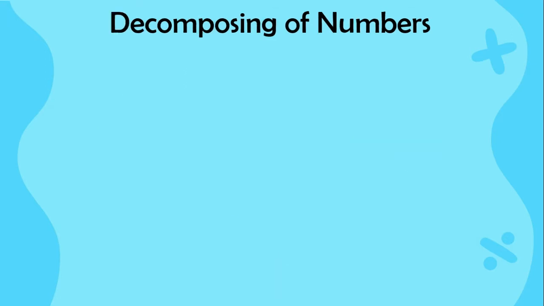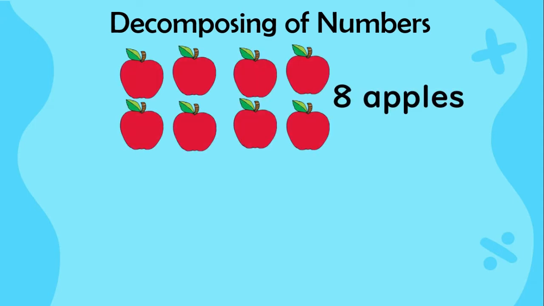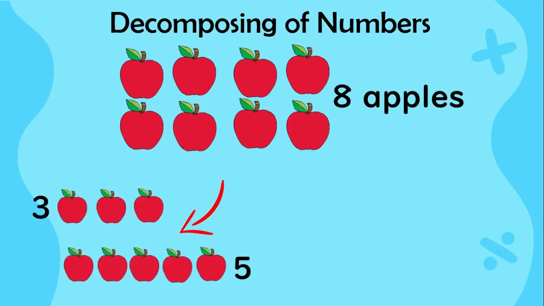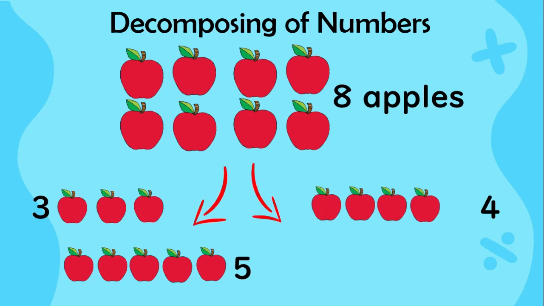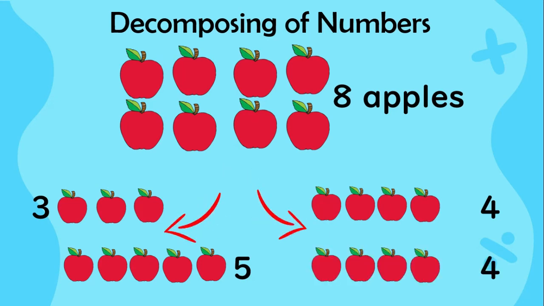For decomposing of numbers, we have 8 apples here. We're going to tear it apart, or we're going to break it down. So for 8 apples, we can break it down like this: 3 apples and 5 apples. Or we can break it down just like this: 4 apples and the other set will be 4 apples.